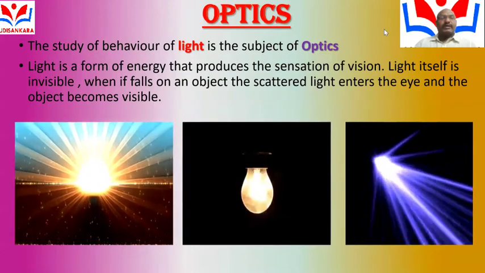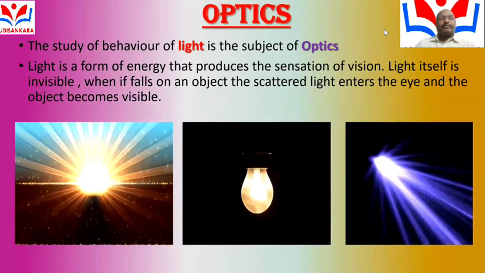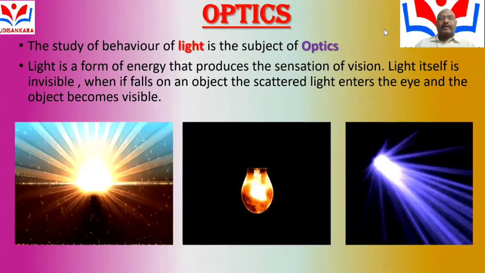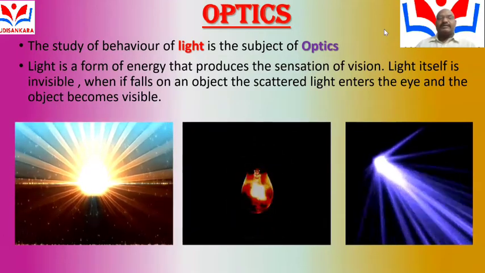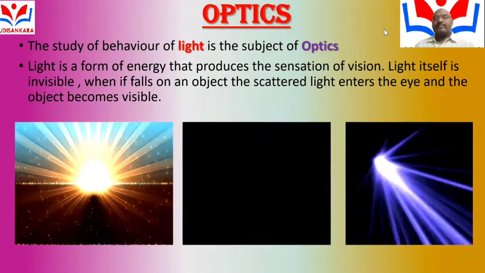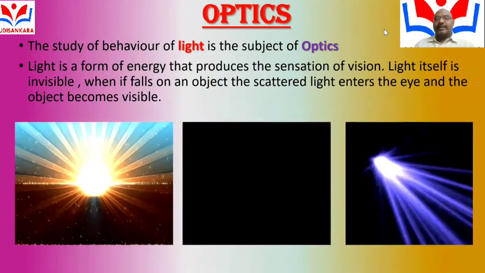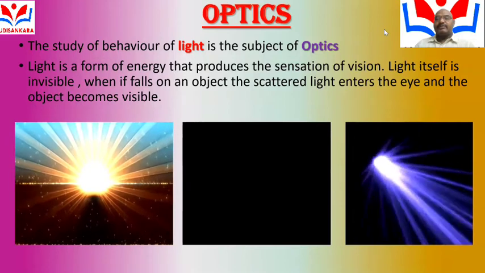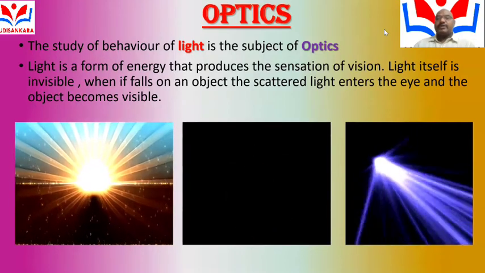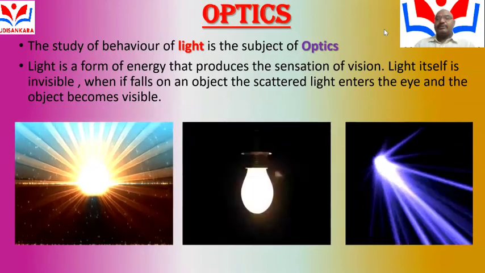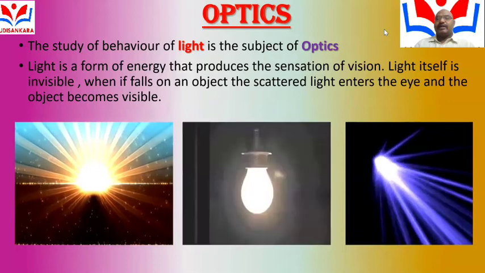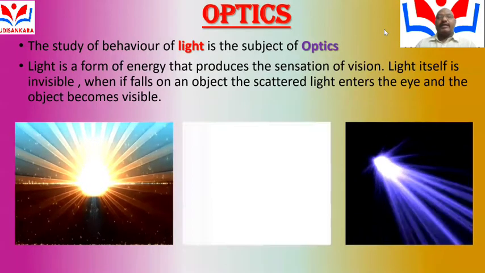Sunlight spreads from one place to another, while a home light illuminates a certain area only. Laser stands for light amplification by stimulated emission of radiation. A laser beam is monodirectional, with high directionality, high coherence, and high intensity.